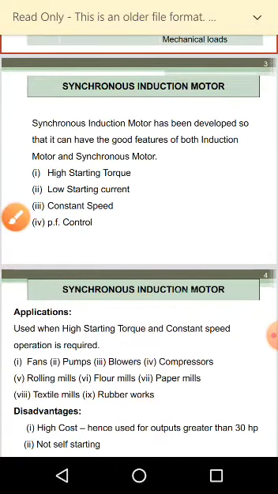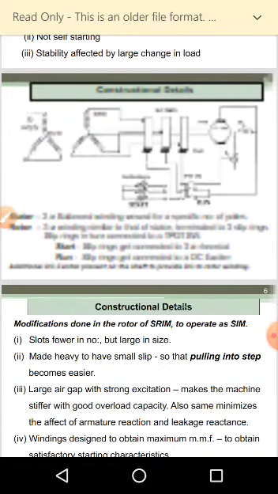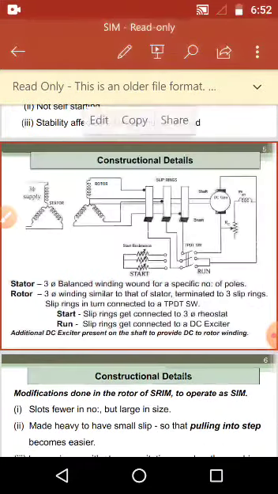Now, this is the circuit diagram for our synchronous induction motor. You can see the circuit diagram of a synchronous induction motor. There are two main parts. One is the stationary part, which has a 3 phase balanced winding, to which the 3 phase supply is given.